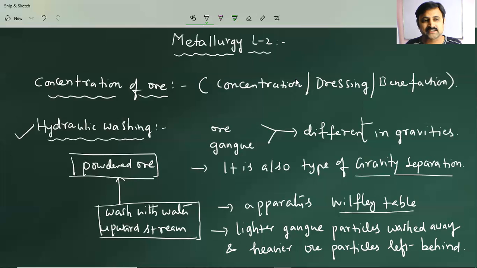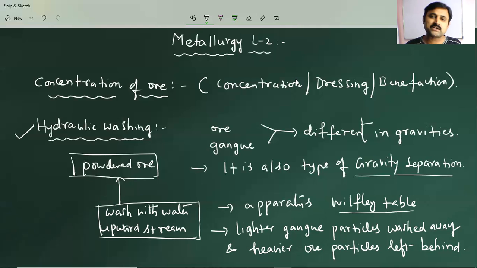In the concentration of ore, if we identify the gangue particles as lighter than the ore, then we can easily use this method called gravity separation, by washing the ore using an upward stream of water over a Wilfley type of table. It's an inclined table, and on that table powdered ore with gangue particles is present.